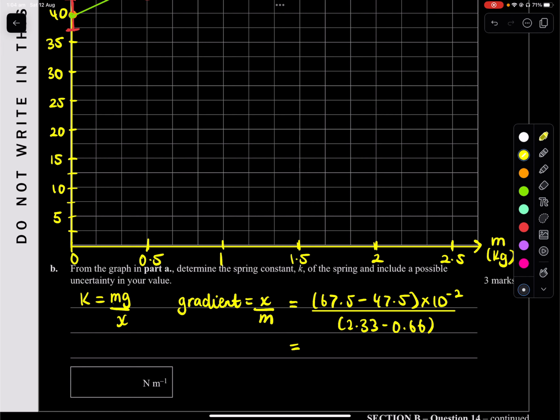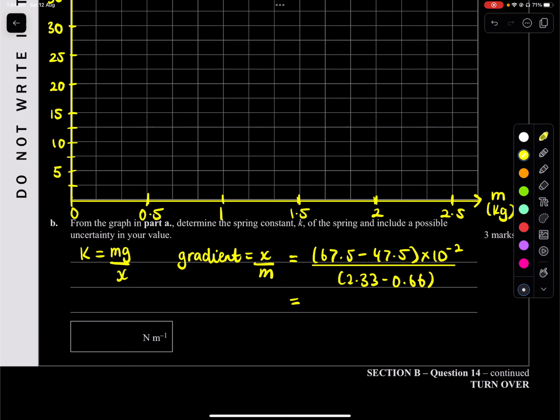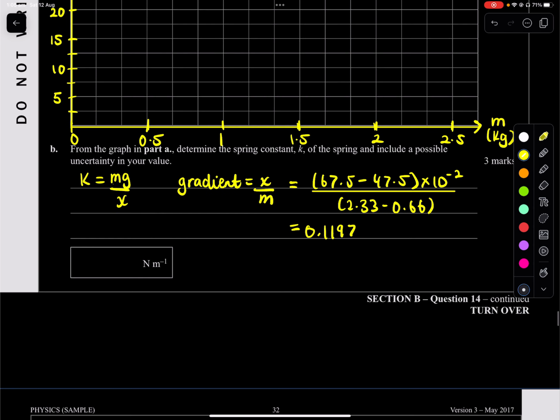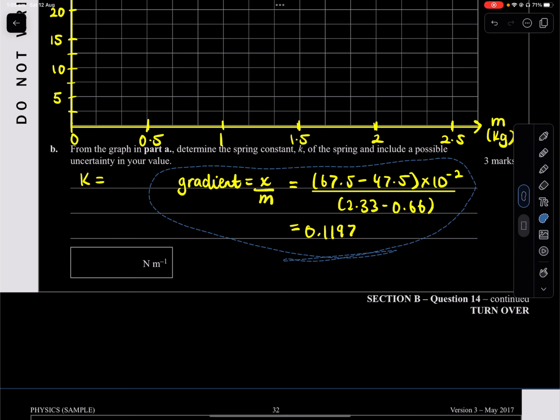That's giving us 0.1197, and so substituting into this equation, we just have to flip it. So 1 over, to get m over this, we take this and move it.